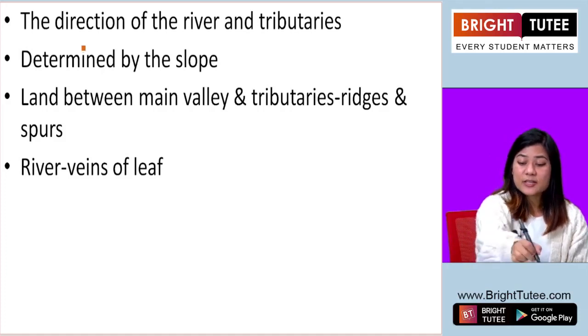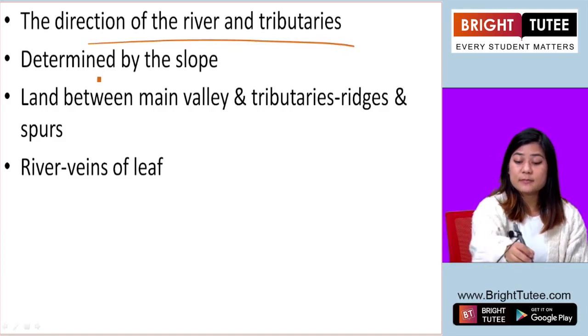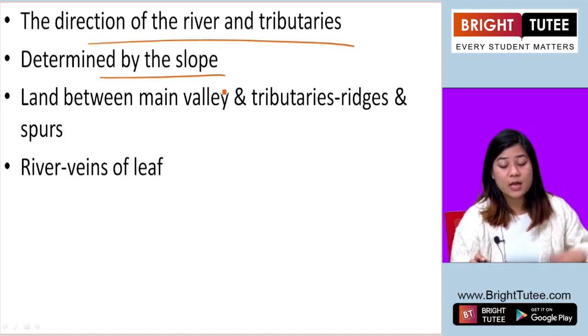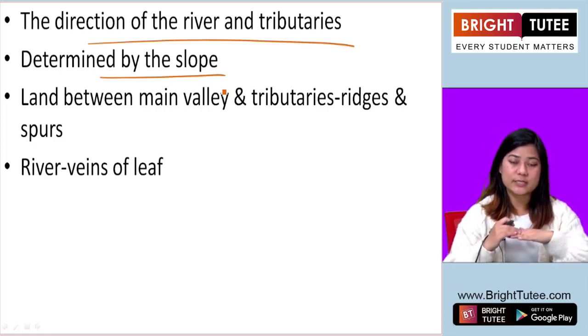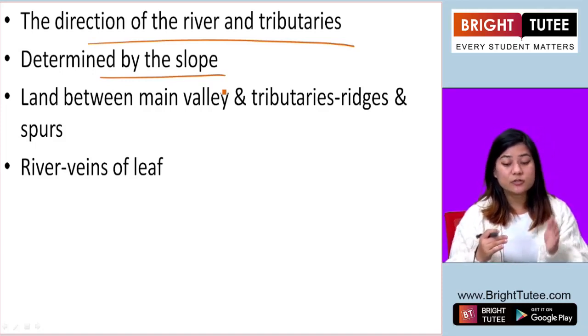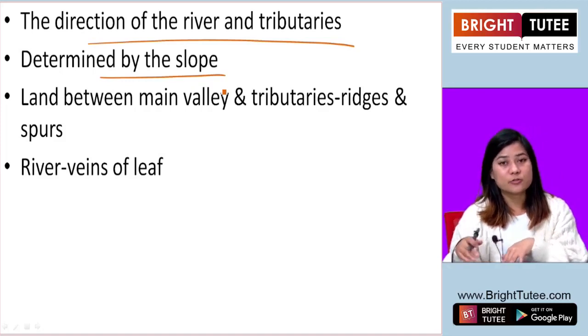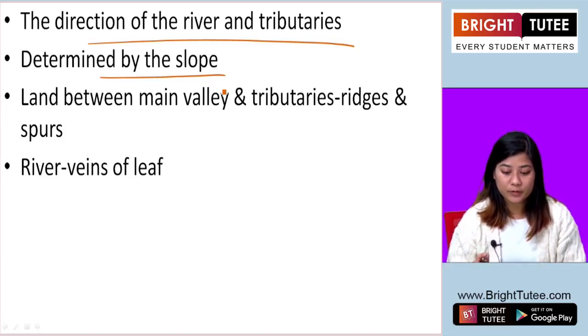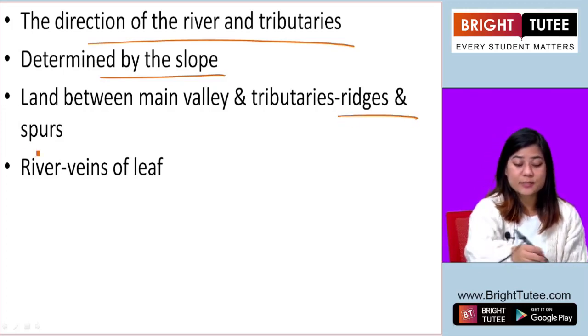And then the direction of the river and its tributaries are determined by the slope. Okay, so the slope means where it's tilted, how it's tilted, which side it's tilted. So that determines where the river will flow and its tributaries will also flow. Okay. So it creates ridges and spurs.